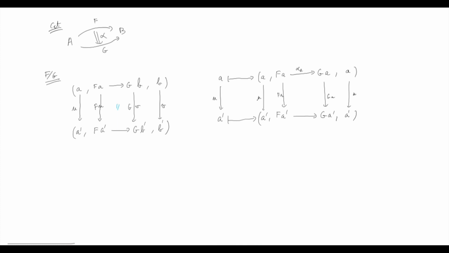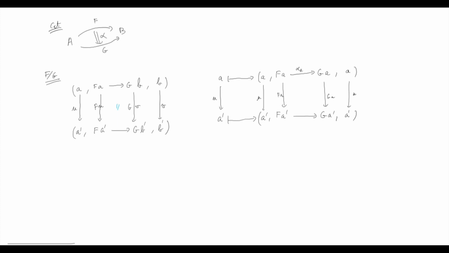And for any morphism U from A to A prime, the square G U alpha A or alpha A prime F U commutes. That's by definition of a natural transformation.